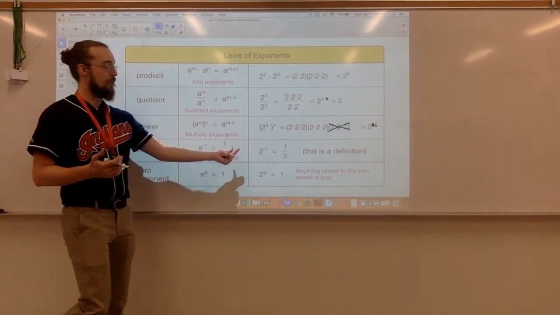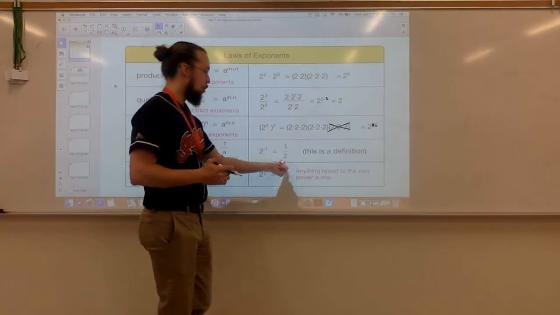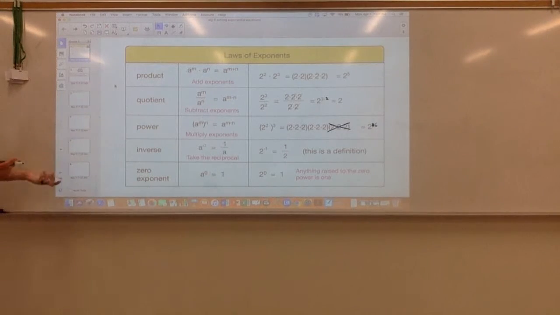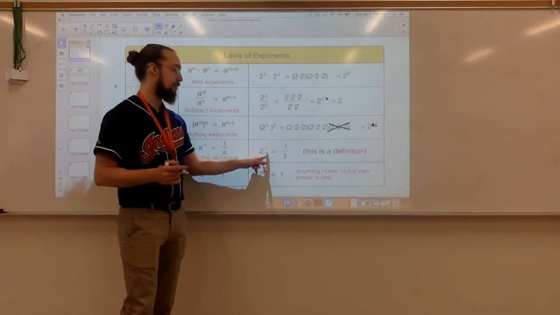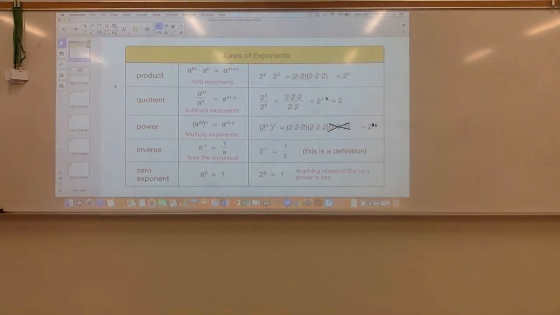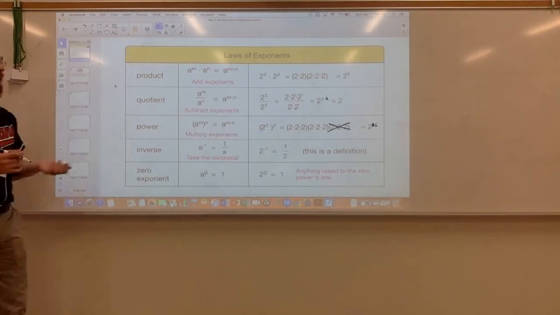So 2 to the negative first would be the same as 1 over 2 to the positive first, or 2 to the negative 32nd power would be the same as 1 over 2 to the positive 32nd power. The last property is the zero exponent property.